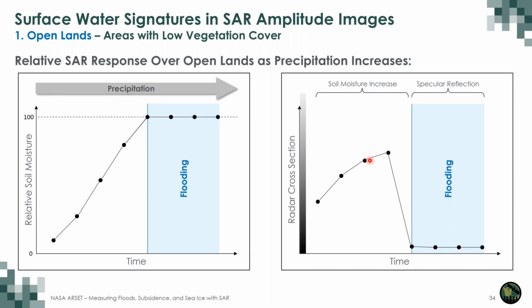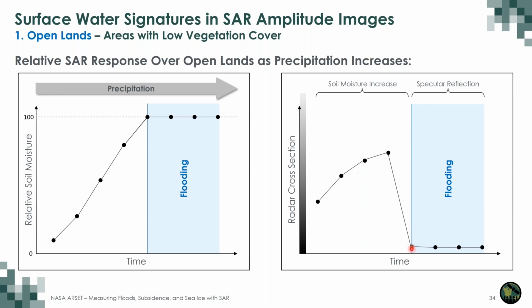The wetter the soil becomes, the more effectively it scatters radar signals, and therefore the brighter the radar signal becomes. So initially, as the moisture content increases, we have a continuous increase in the radar cross-section of that soil in a time series. But then when surface water develops, we now have standing water.